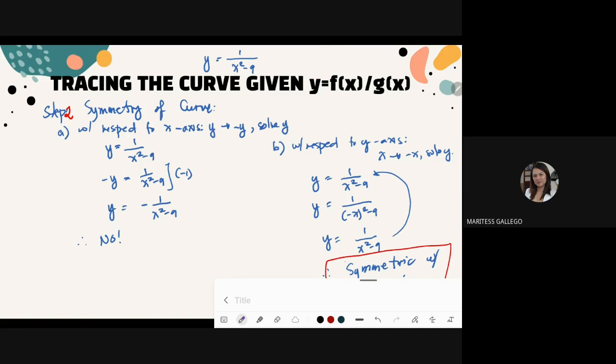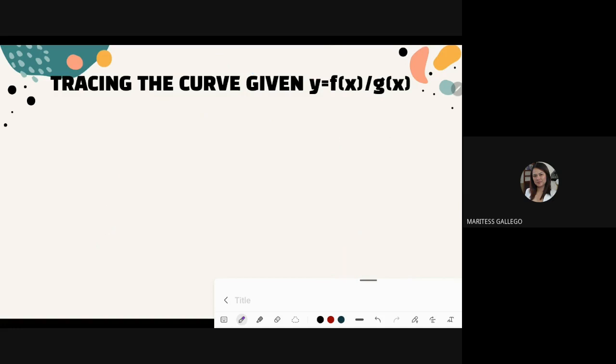Next one. For your step 3, sabi dyan, is intercepts of the curve. Pag intercept of the curve, umpisahan natin kay x-intercept.